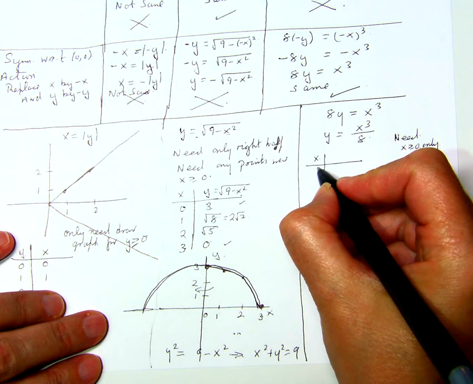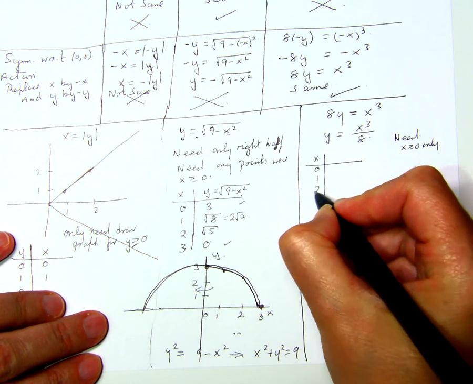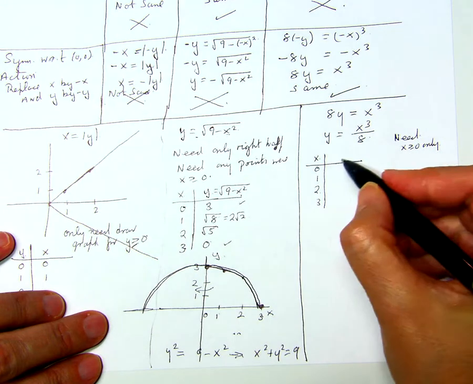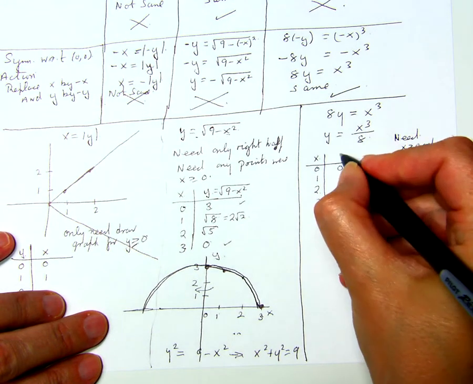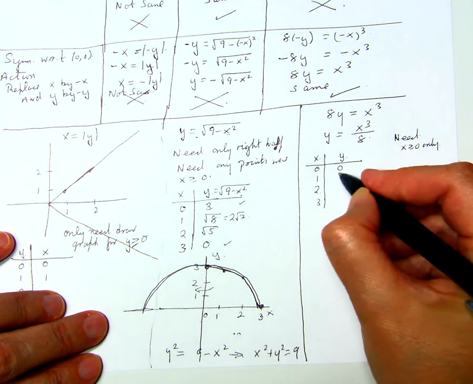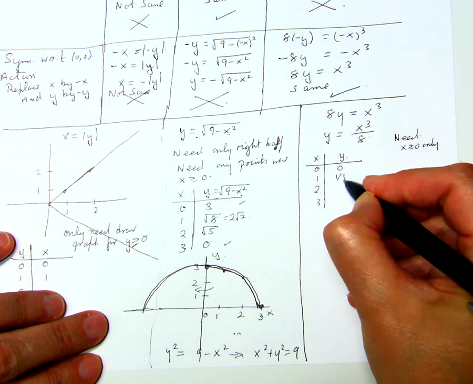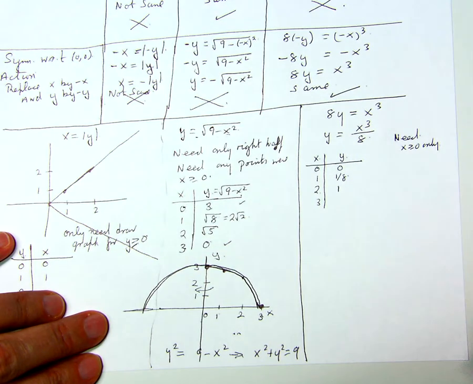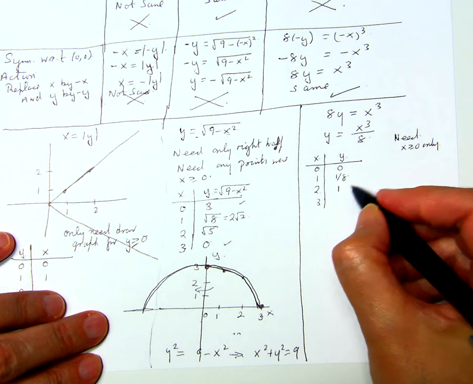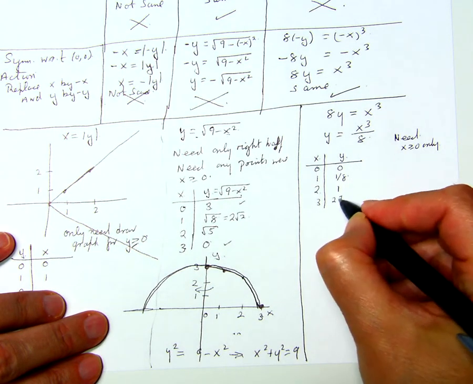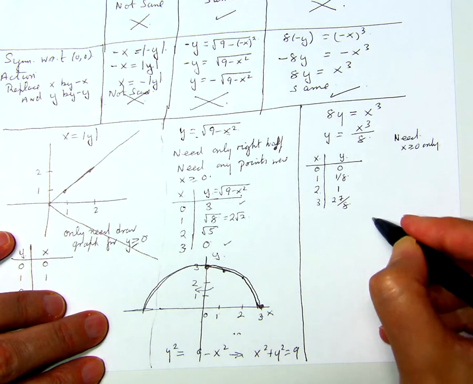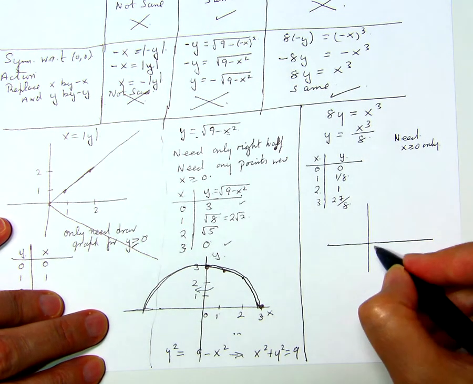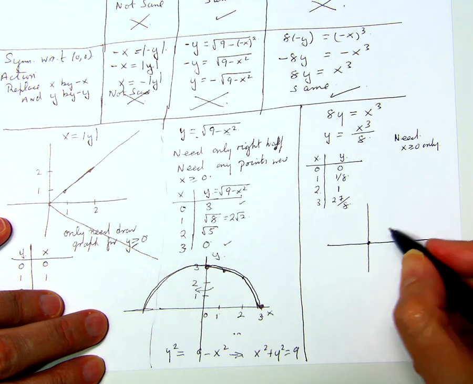So when x is 0, y is 0. When x is 1, y is 1 over 8. When x is 2, y is 8 over 8. And when x is 3, y is 27 over 8. So one half of this graph looks like this.